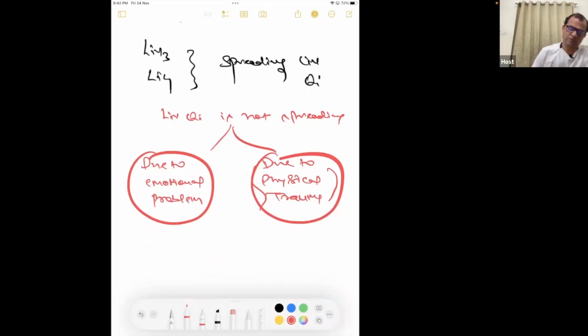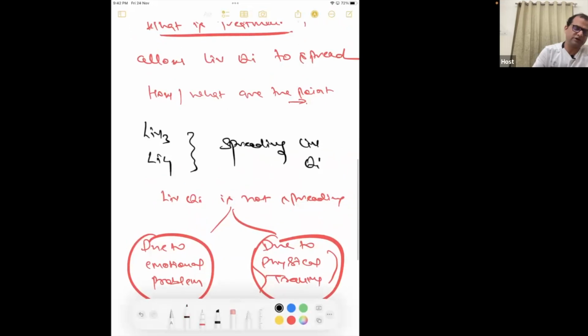So now, whether the physical trauma or the emotional problems, which is causing the liver chi to not spread. How to spread the liver chi via liver 3 and Li4?